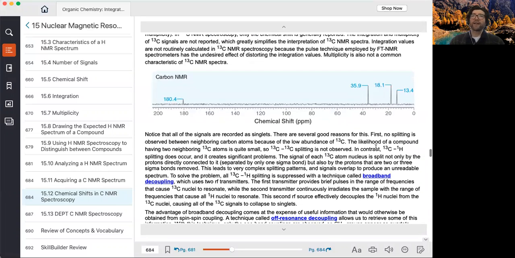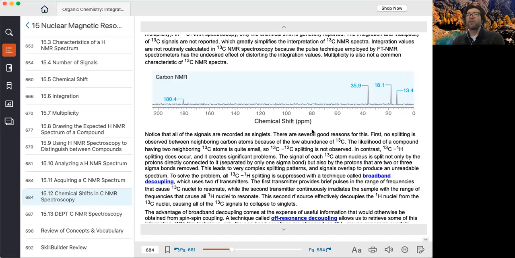And the splitting gets super complicated because even though it's very unlikely that a C13 atom is a direct neighbor to another C13 atom, C13 is likely to be a direct neighbor with a proton, and even protons 3 carbons away can split them. So we just collapse them all down to singlets using some very sophisticated physics. And so all we're left with are singlets, as you see in this spectrum.